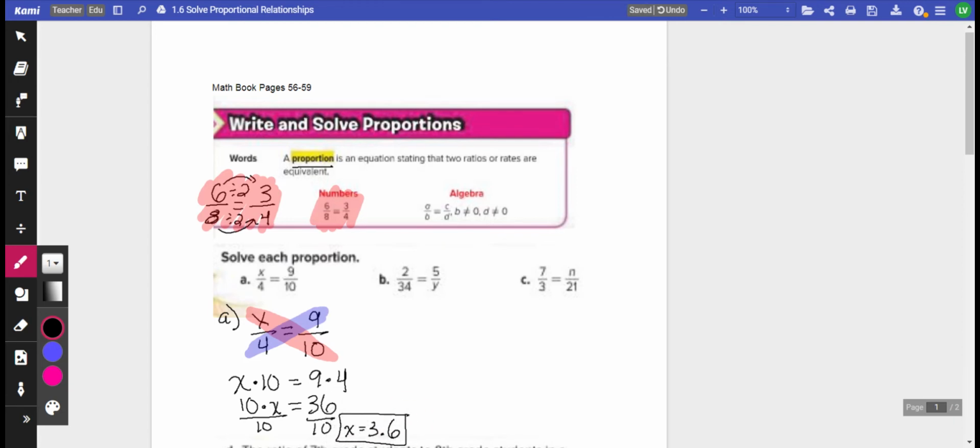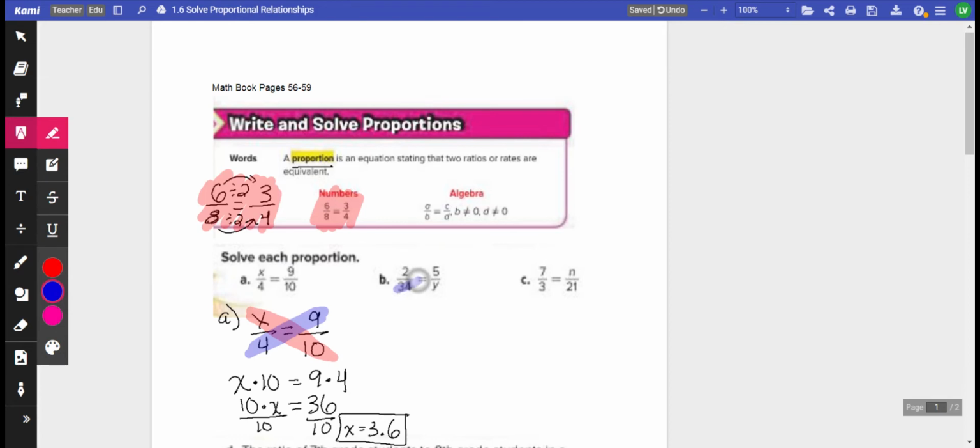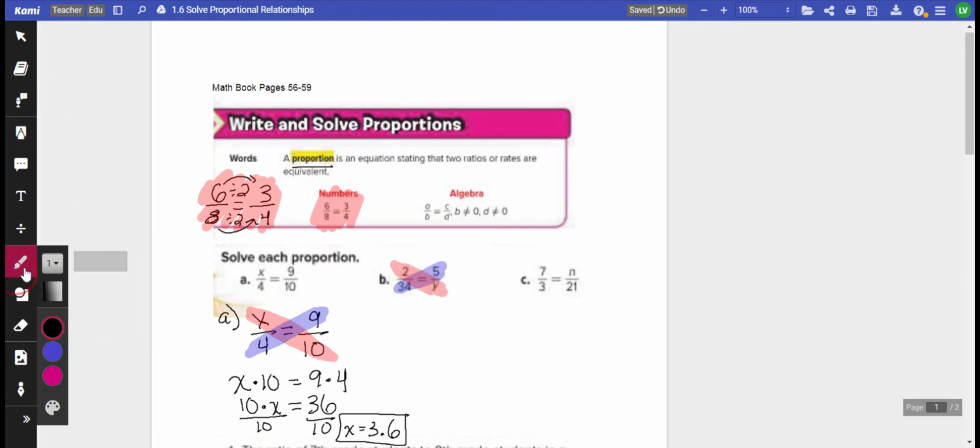Let's try letter B. 2/34 equals 5/y. Well, just like I did before, I'm going to go ahead and cross multiply. I'm going to do 34 times 5 and then set that equal to 2 times y.